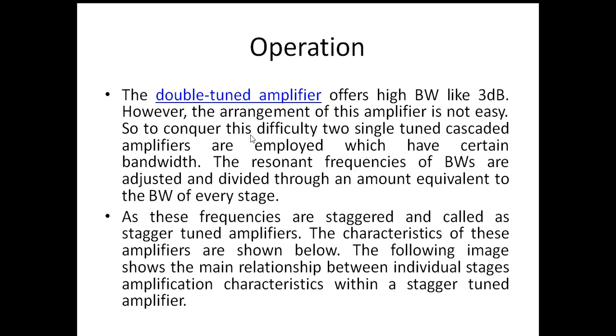So to conquer this difficulty, two single tuned cascaded amplifiers are employed. Cascading is possible, of course. To achieve 3 dB bandwidth is difficult, but two stages can be cascaded easily, which have certain bandwidth. The resonant frequencies of bandwidths are adjusted and divided through an amount equivalent to the bandwidth of every stage. Is it clear?